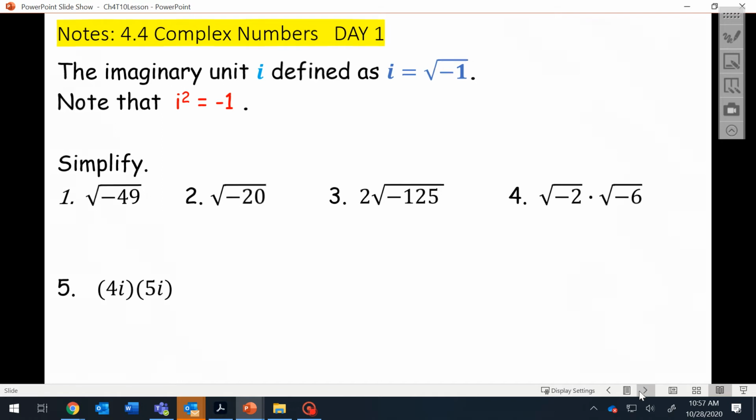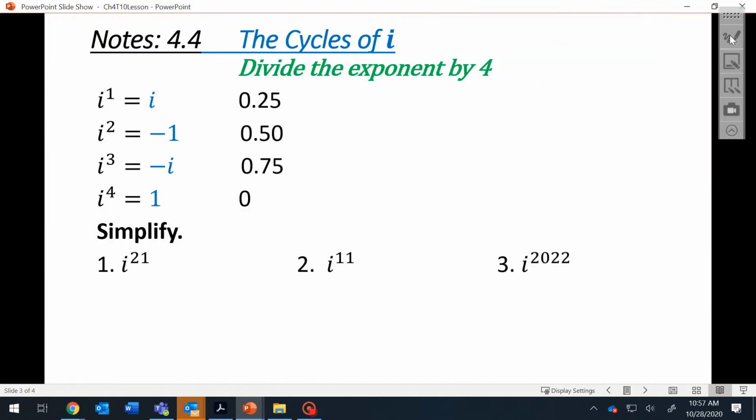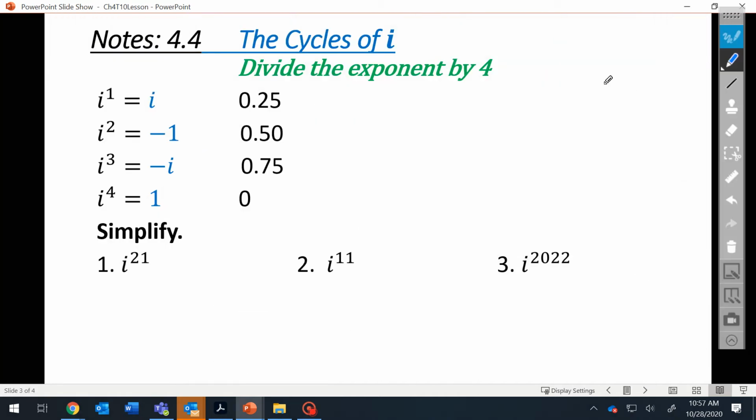Now it turns out that if you keep multiplying i over and over again by itself, then you will get different results. So if you just have i to the first power, that simplifies to i.